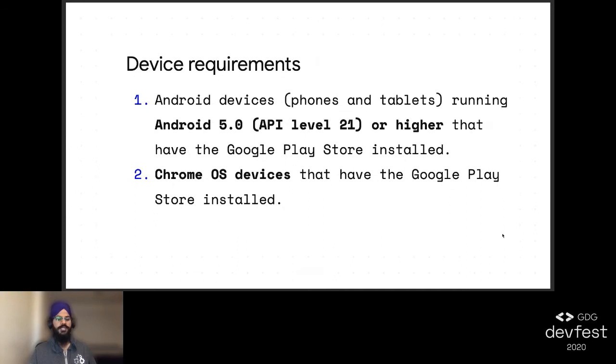It supports API level 21 and higher, so it's basically Android 5.0 with Google Play Store installed, which is almost all the devices or all the Android OSs already have. And for Chrome operating systems, they must have the Google Play Store installed to use this functionality.